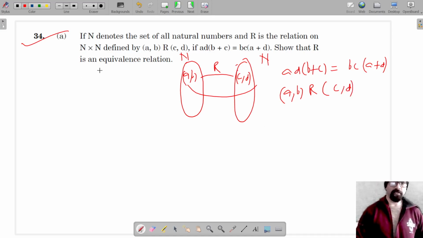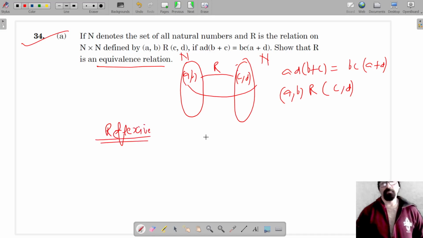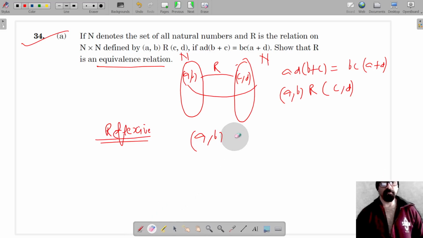Now let's check it for the equivalence relation. For that, let's check whether it's reflexive or not. For reflexive, we have to check whether (A, B) is in relation with itself or not.